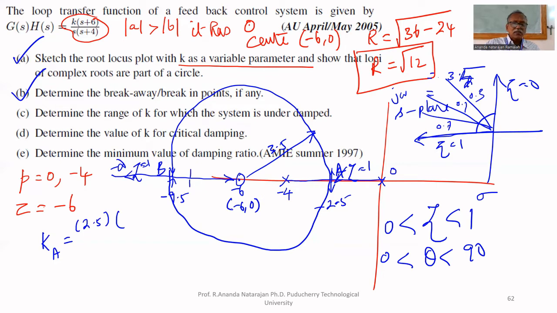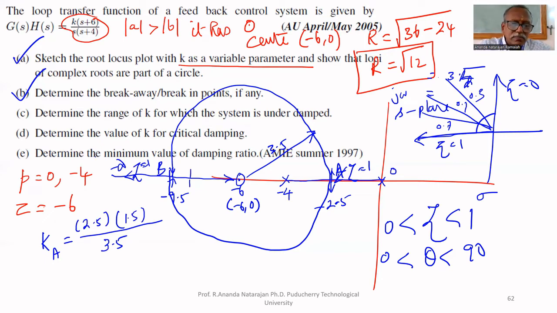Am I correct? 1.5. What is the length from 2.5 to 6? 3.5. That is zero, that's why it must be in the denominator. 3.5. What is the value of Ka? Find Ka. 2.5 multiplied by 1.5.